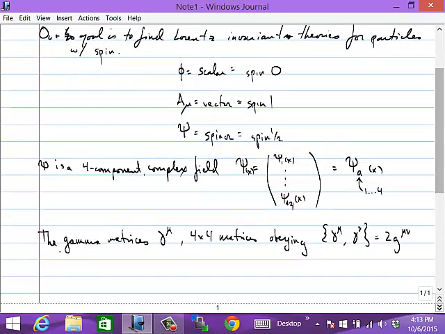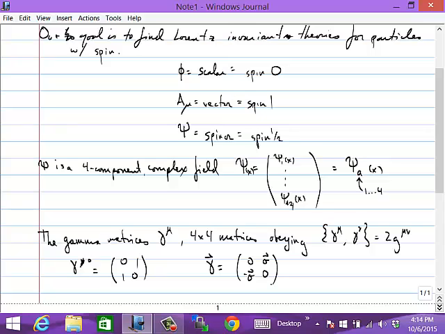And we wrote out explicitly what the gamma matrices are. They're 4 by 4 matrices, and we can write them in 2 by 2 form, where each of those entries in the 2 by 2 matrix is itself a 2 by 2 matrix. And they're given quite simply in terms of the Pauli matrices.